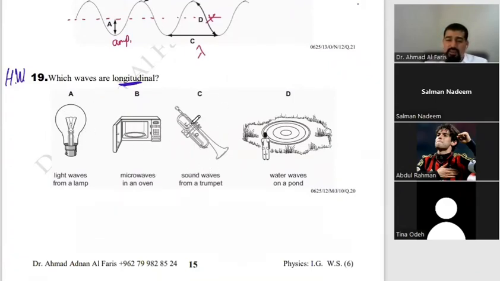This is a sound wave produced by a trumpet, and here, in the center of the pond, the waves move fast, but as they get close to the shore, the depth is shallow, so they get close to each other. So we're talking about water waves. The correct answer, thank you Tina, Salman, and Yasmin, is C. It is sound. Yes, sound is a longitudinal wave.